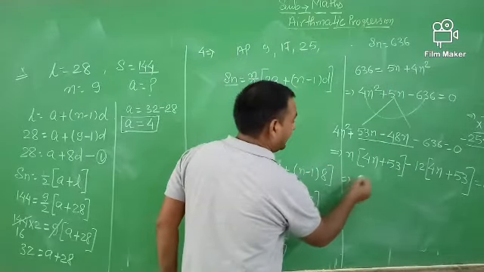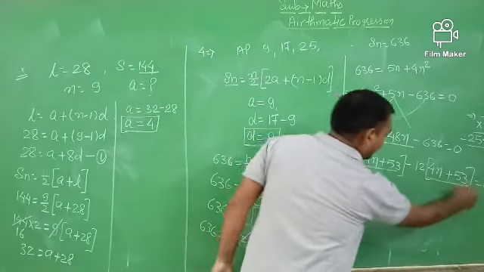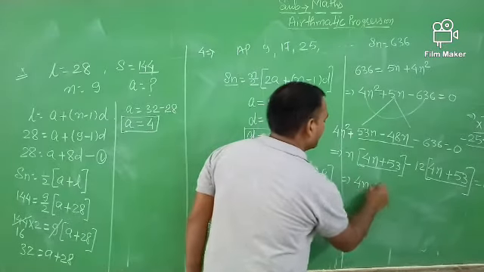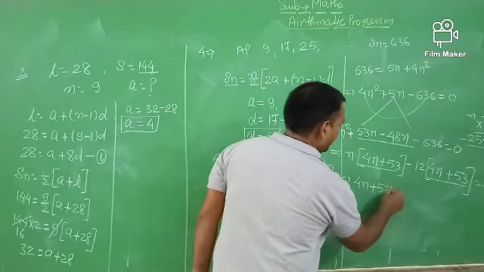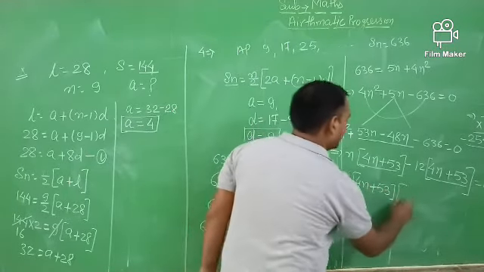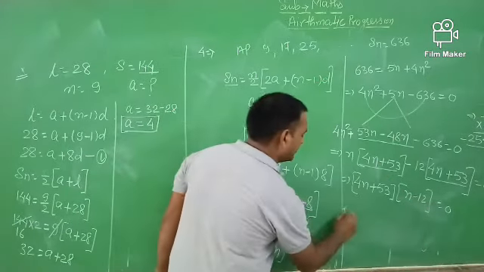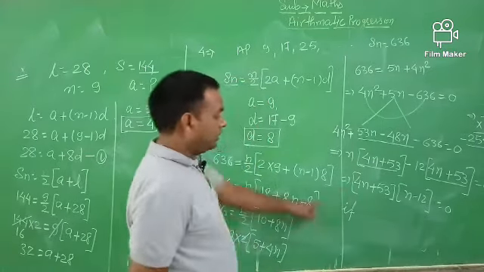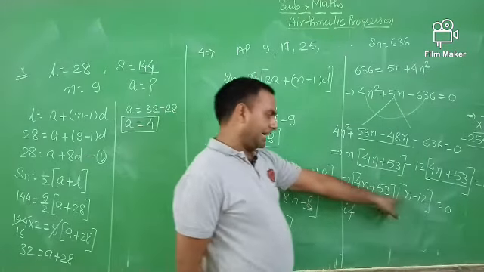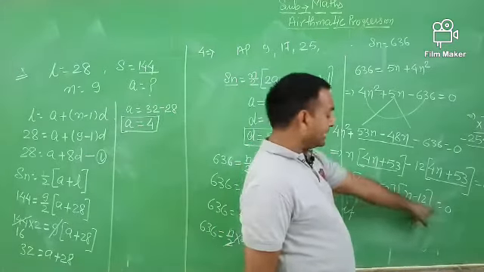Then you take 4n plus 53 as common, and the other bracket is n minus 12. So (4n plus 53) into (n minus 12) is equal to 0.